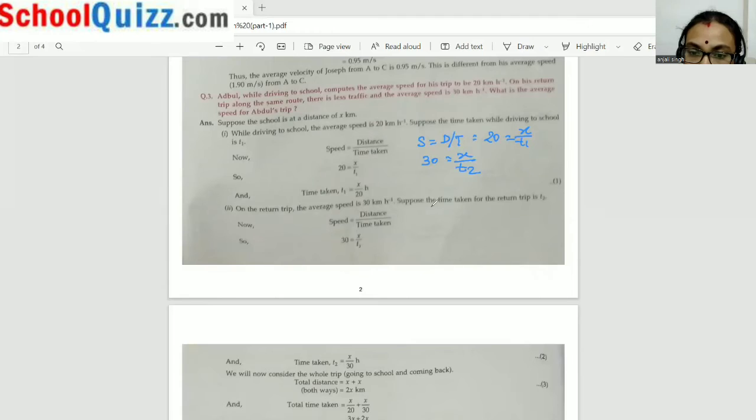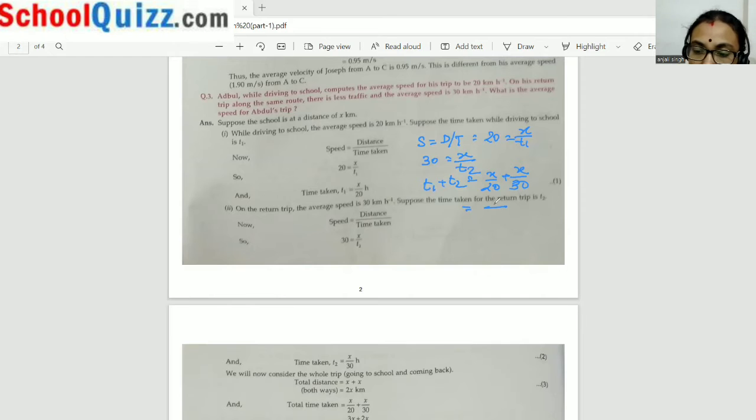Clear? Okay. So the total time taken, here the time is t1 plus t2. Total time taken is what? The t1 value is x by 20, the t2 value is x by 30. So take the LCM.